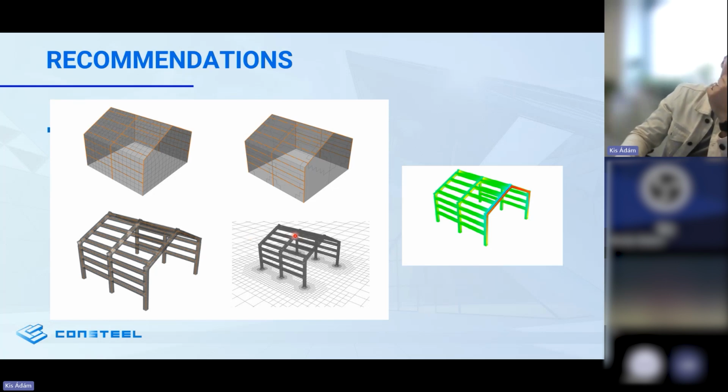However, we don't recommend it, because it is not an efficient way of using simulations, because it really needs a correct envelope or a correct mesh around these buildings. So we have to use a so-called shrink-wrapped mesh.